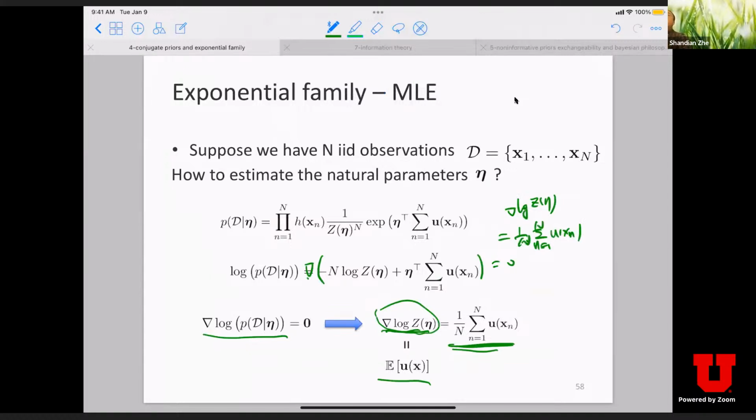This just tells us that if you want to get the MLE estimation, you just set the mean of the sufficient statistics of your exponential family distribution to be the empirical mean of the sufficient statistics in the data. So this is actually an empirical estimate of the mean of the sufficient statistics.